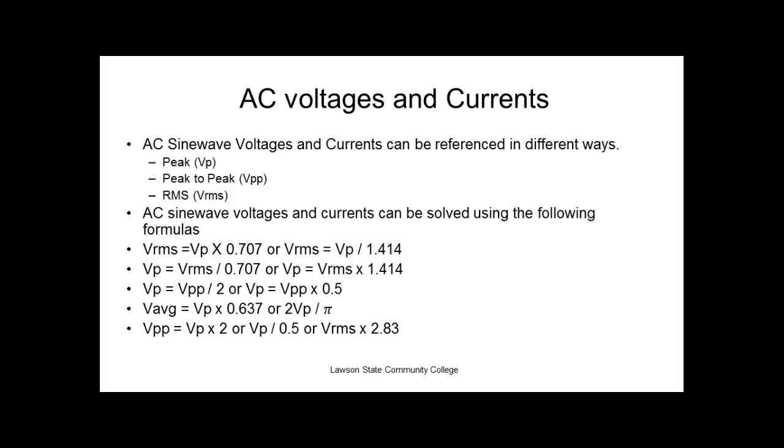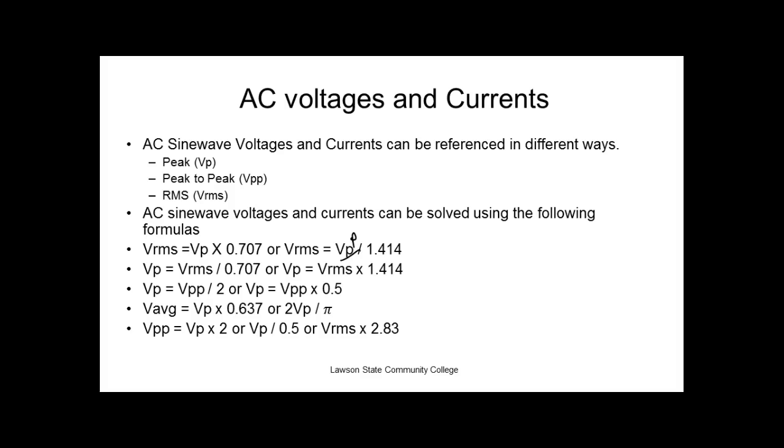So 0.707, this is wrong too. VRMS would equal the V peak. This is actually VRMS is equal V peak to peak. I need to make that correction. So you got these two numbers floating around in your head. So VRMS would be equal to what?